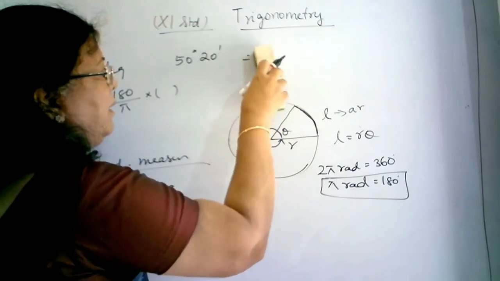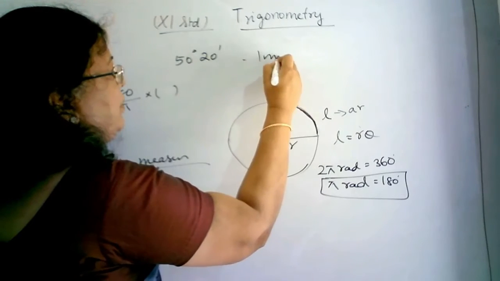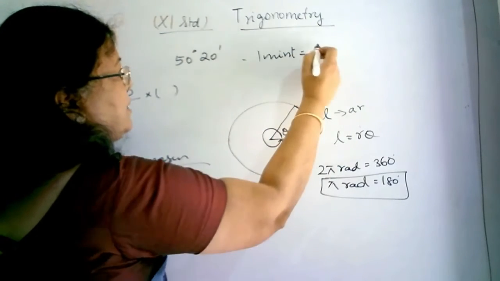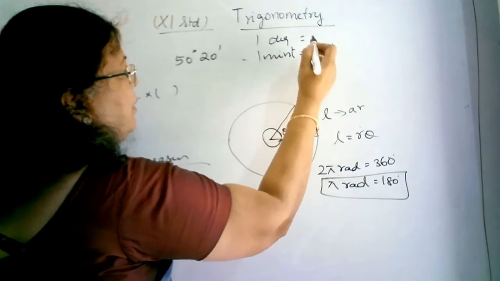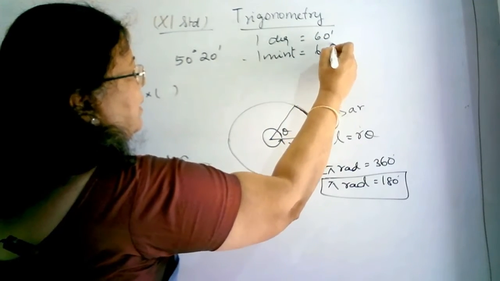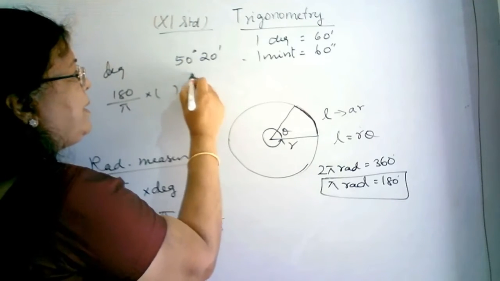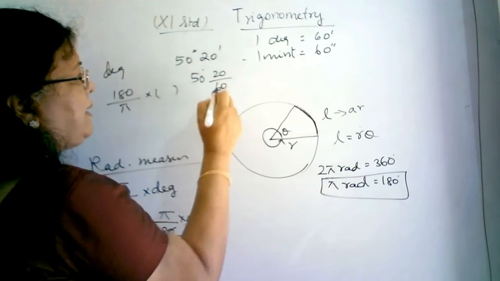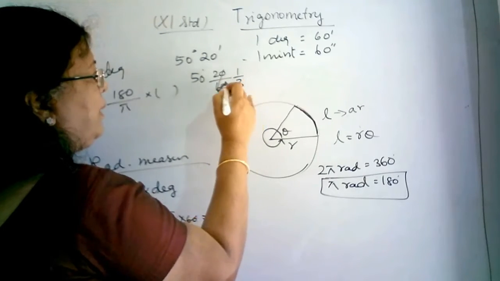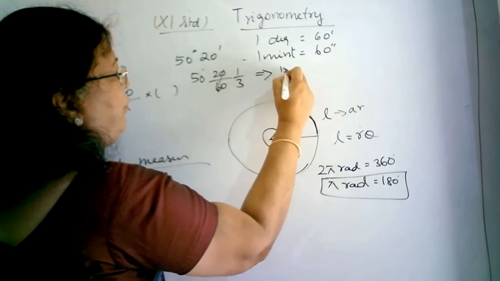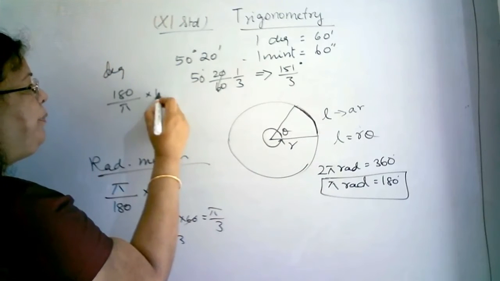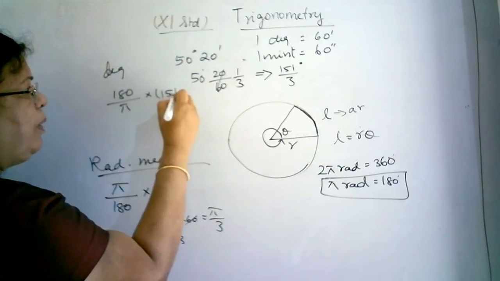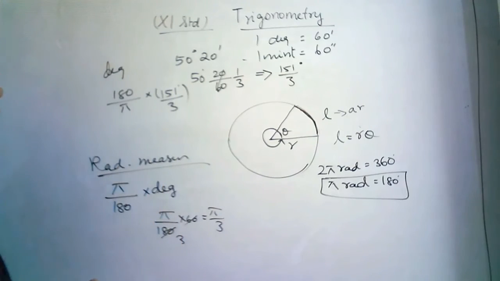We have seen the formula that 1 minute is equal to 60 seconds, and 1 degree is equal to 60 minutes. So if you want to convert it to degrees, this is 50 degrees and 20 by 60, which is 1 by 3. So you will have 50 and 1 by 3 degrees, which is 151 by 3 degrees. When converting to radians, you use 151 by 3.